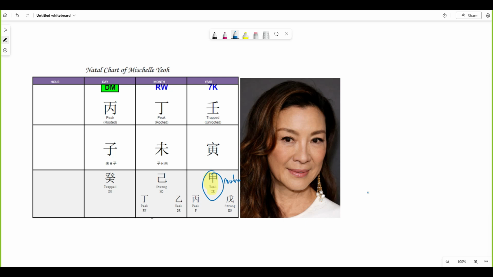It's hidden in a Grove branch. Hidden in a Grove branch is fine. It's good, because it also indicates that it's increasing. So that's fine. But she does have a tiger mom. Literally, the mother is in the tiger branch.